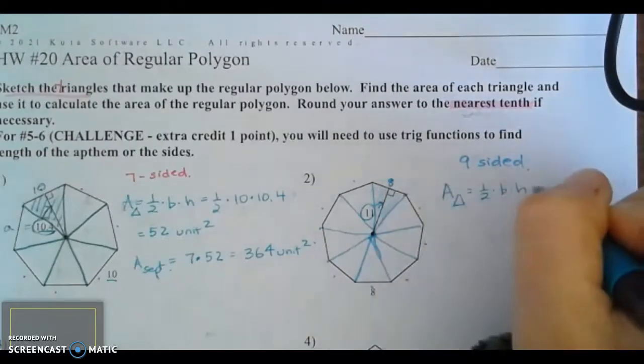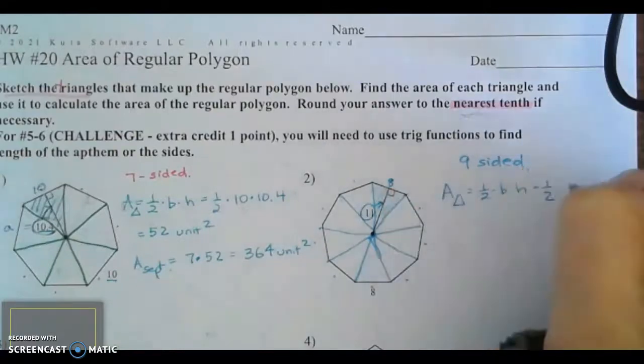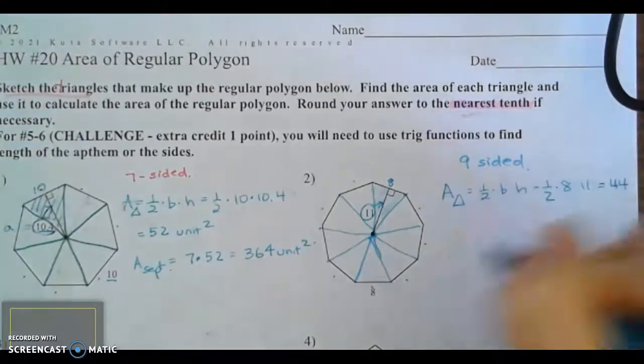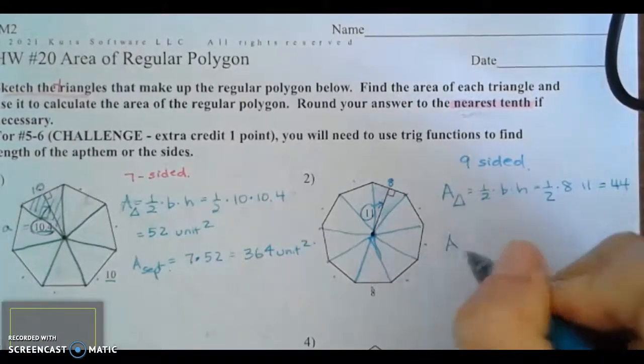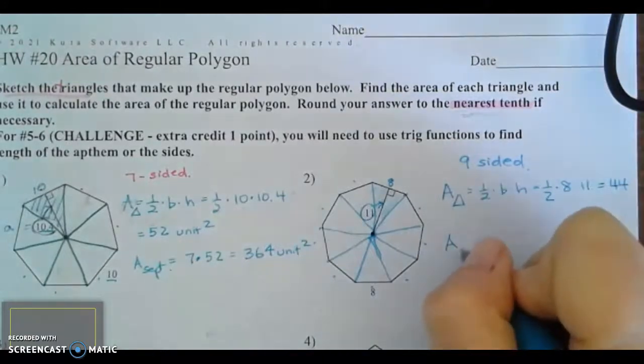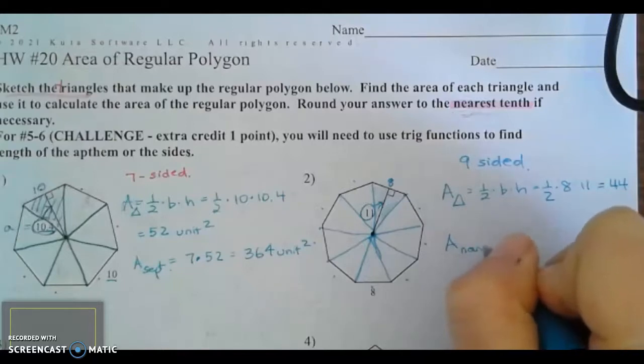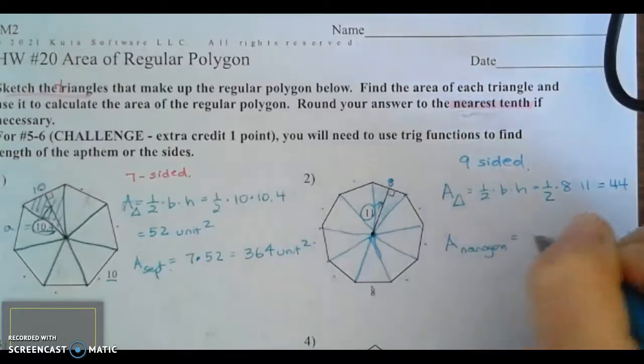Base is 8 and height is 11. So that's going to be 44 units squared. So the area of this 9-sided polygon, the nonagon, is going to be 44 times 9, and that's going to be 396 units squared.